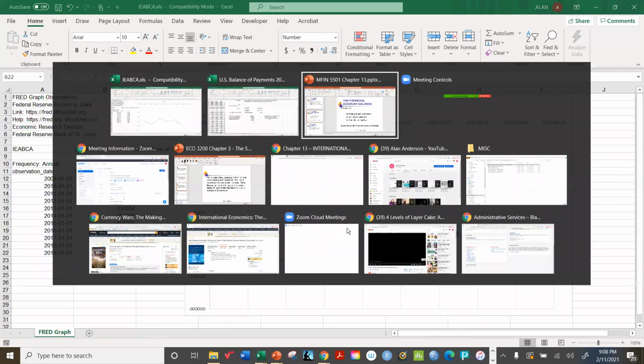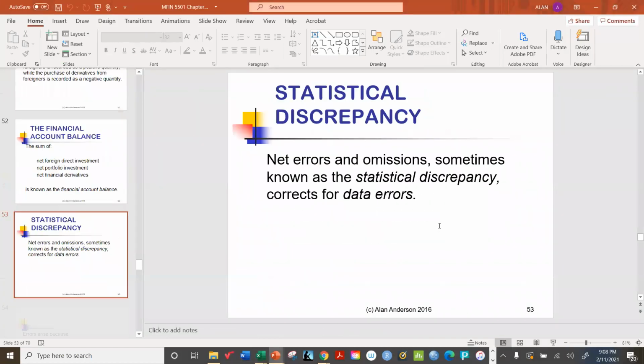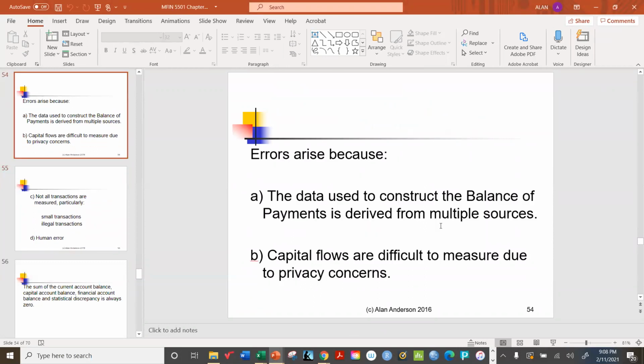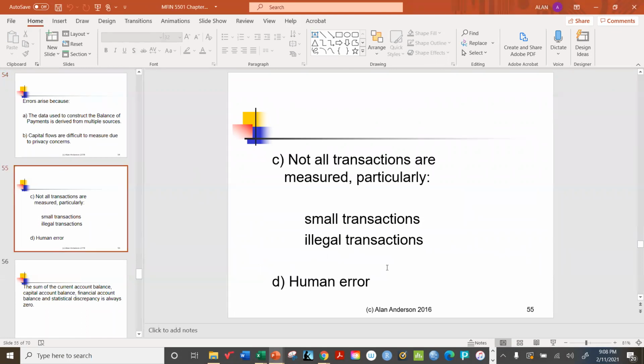All right. Well, anyway, so what else do we need to say about this? There's several reasons why there's this statistical discrepancy. First of all, the balance of payments data comes from multiple sources. Sometimes we can't find out what we need to know about capital flows because of privacy concerns. In fact, because these are all private transactions.